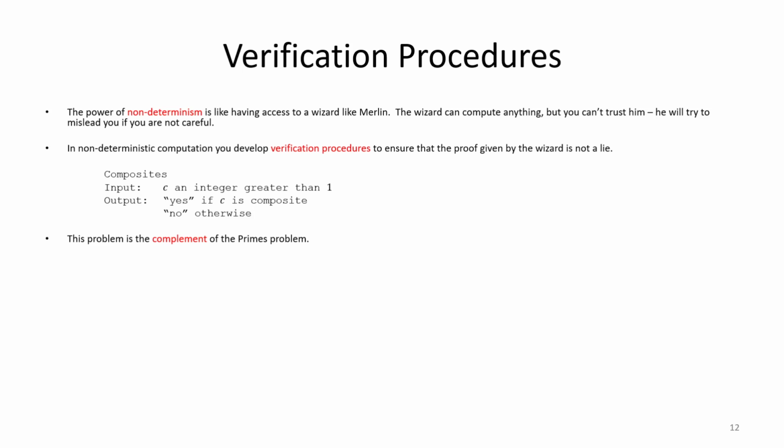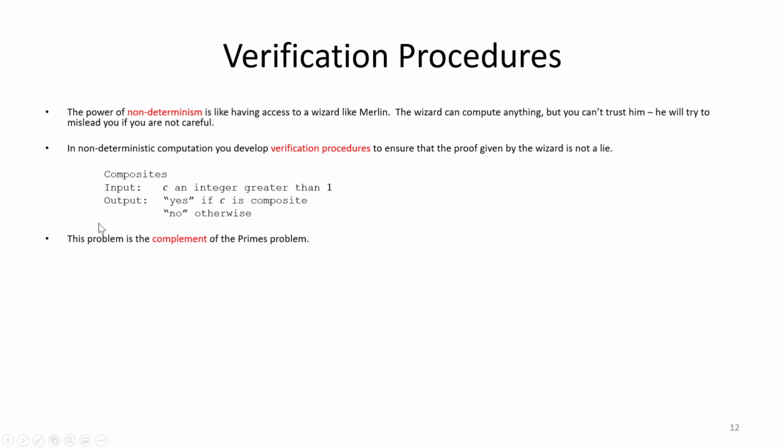So we challenged Merlin to give us a proof that his claim was correct. And then we went through a procedure that verified if that proof should be trusted, that is, if it was correct. And the purpose of a verification procedure is hopefully to never be tricked by the wizard. That is, there should be no way that Merlin should be able to convince us to say the wrong answer.